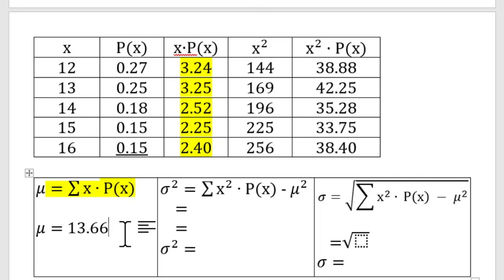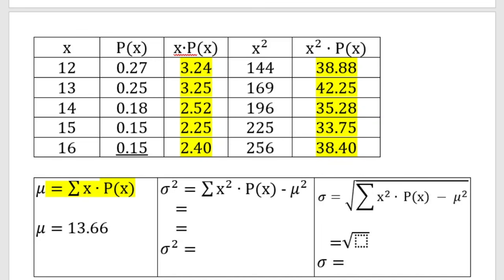Next, we find the variance. In computing the variance, we need to determine the sum of this column, of these values here. That is 38.88 plus 42.25 plus 35.28 plus 33.75 plus 38.40.